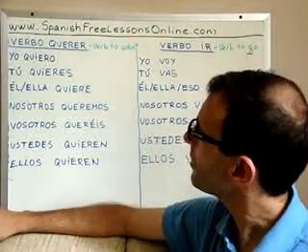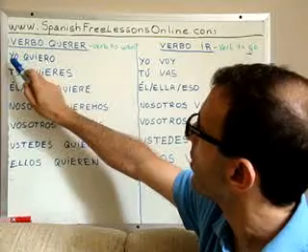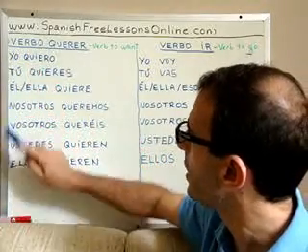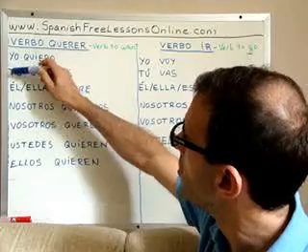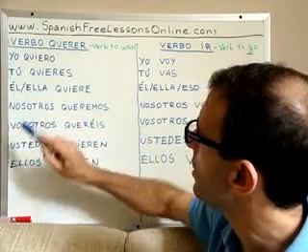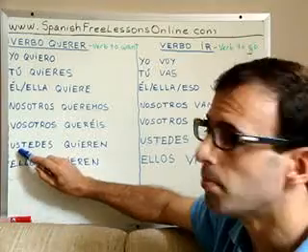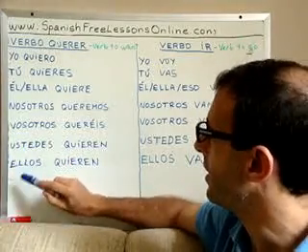Okay? So these are the pronouns in Spanish. Okay? I, you, he, she, we, you plural, they.